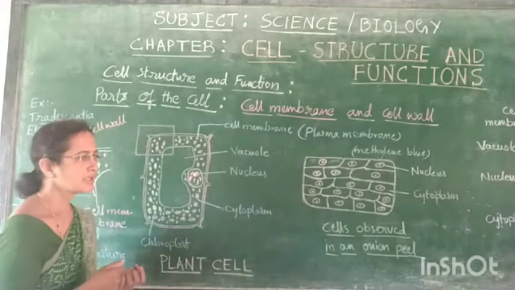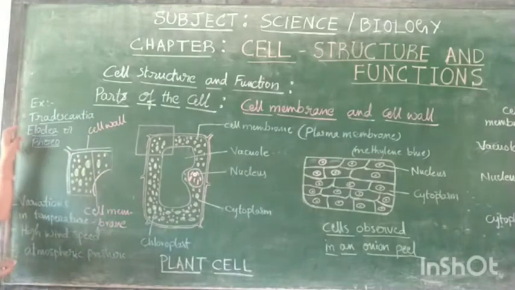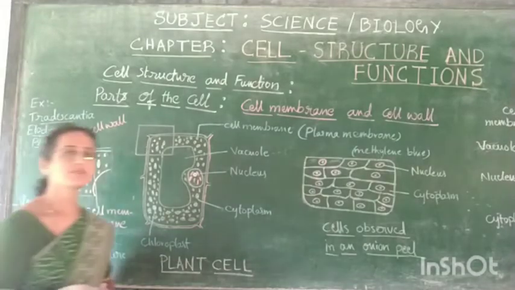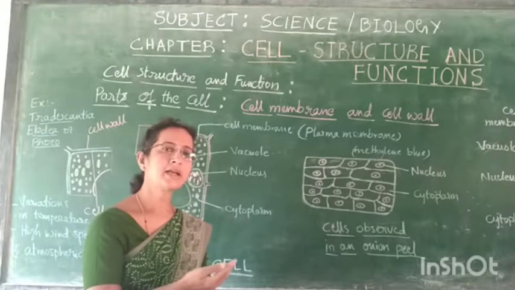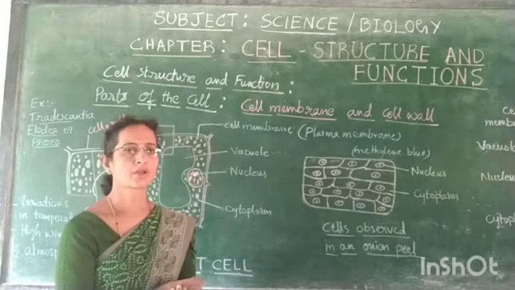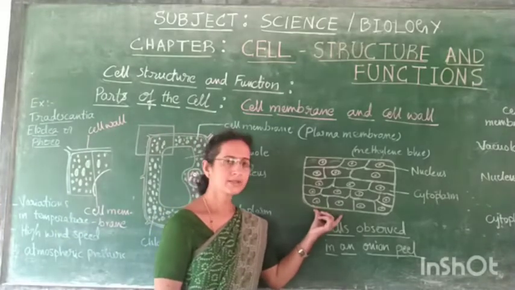Here in your textbook, they have suggested plants like Tradescantia, Elodea, or Rhoeo. So you take the leaves of those plants and remove the very thin layer over the leaf and observe under the microscope. And then you will see the cells of the plant like this.